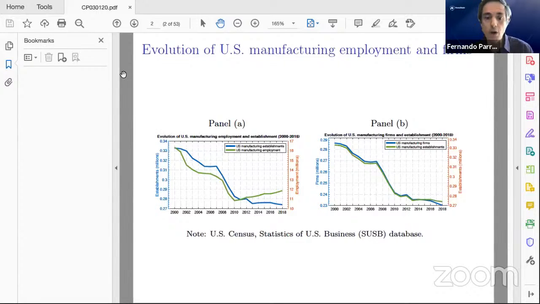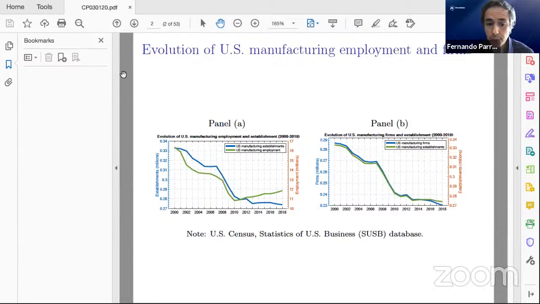Yes. Okay. So the green line in panel A shows a decline in manufacturing employment that has been very well documented in recent research. A little bit less known is the fact that during this period, there has also been a decline in the number of manufacturing establishments located in the United States.